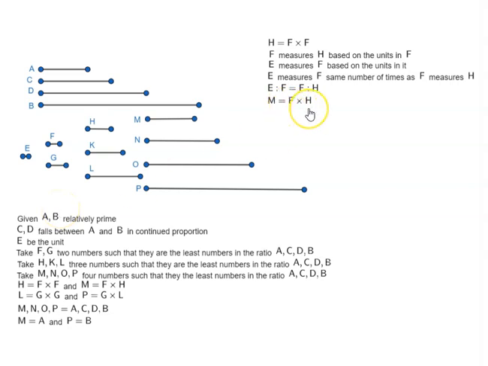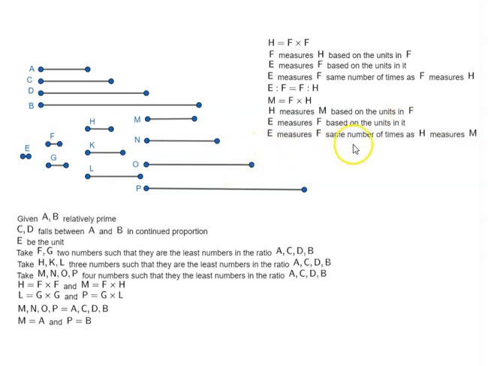Now M is equal to F times H, which means H measures M based on the units in F. E measures F based on the units in F. Which means E measures F the same number of times as H measures M. So we can write this as a proportion: E is to F is equal to H is to M.